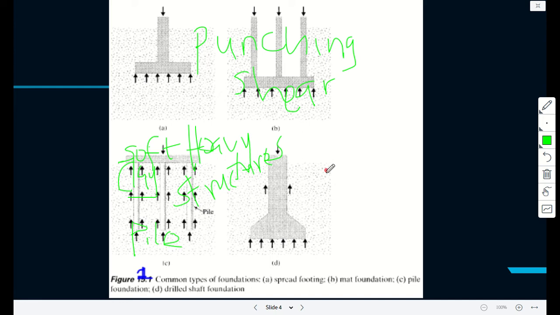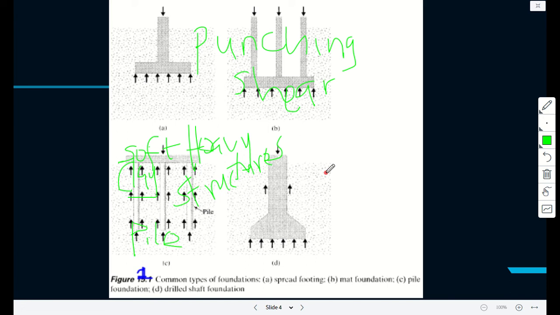That's the punching shear. It's the reason why when the doctor gives you an injection, the tip of the syringe is able to prick and enter your bloodstream, because of the punching shear, that ability to punch.